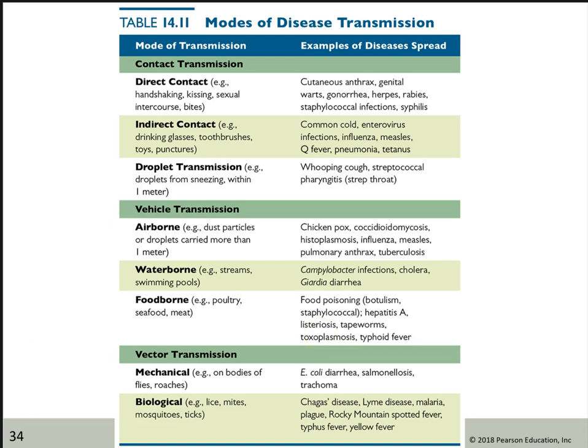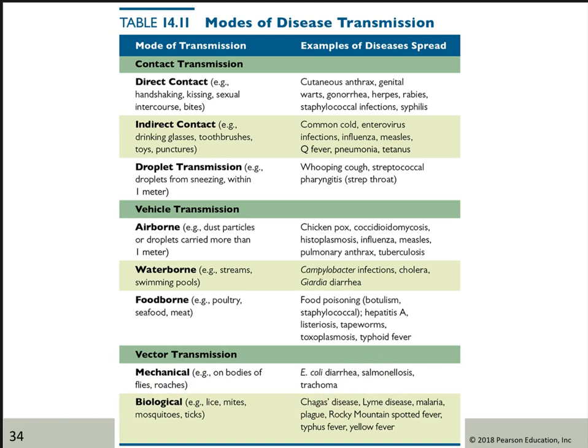Vector transmission requires something else to transmit the microbe from one person to another, and that something else can be mechanical, like the body of flies or the body of cockroaches. Some diseases that can be spread through mechanical transmission include E. coli, diarrhea caused by E. coli or salmonella, or trachoma.